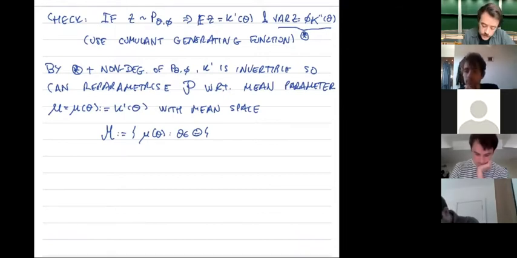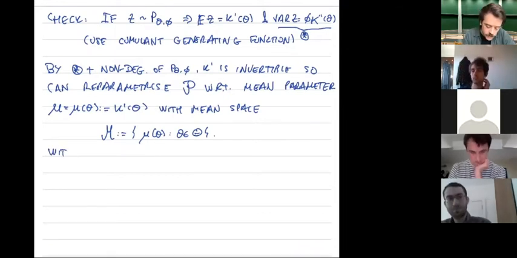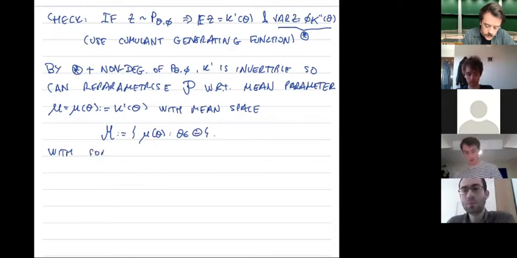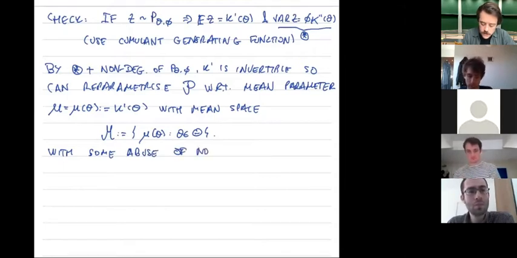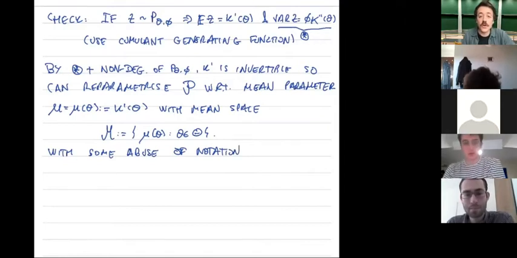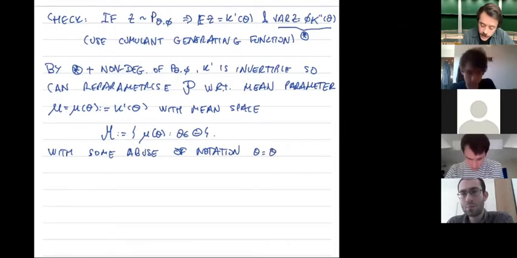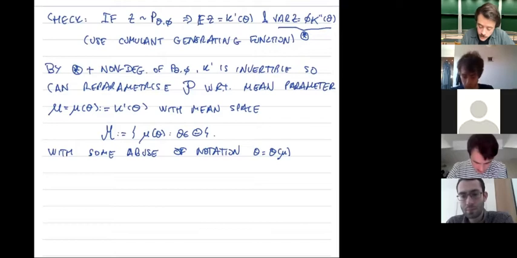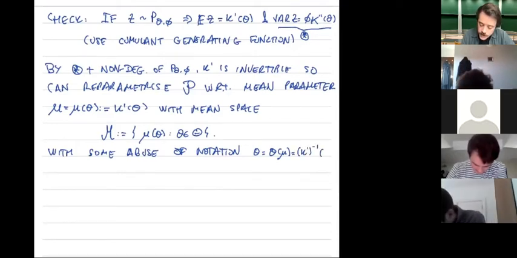Okay, so with some abuse of notation, we're going to write theta not only for the natural parameter, but also for the inverse function of this mean parameter. So this is therefore just the k prime inverse evaluated at mu.